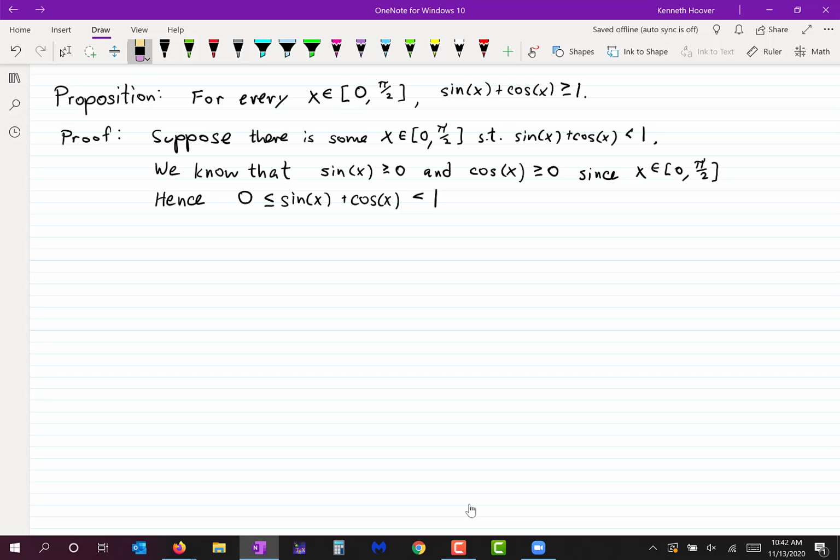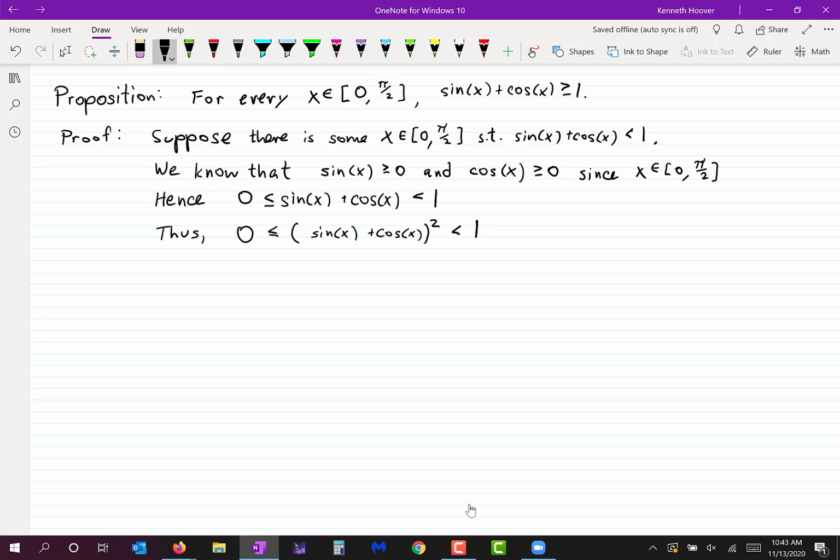Let's take that last line where we just left off, and let's square the whole thing. And we would get 0, because 0 squared is 0, is less than or equal to sine of x plus cosine of x squared, which would be less than 1 squared, which is 1. Okay? Now, what is that in the middle?